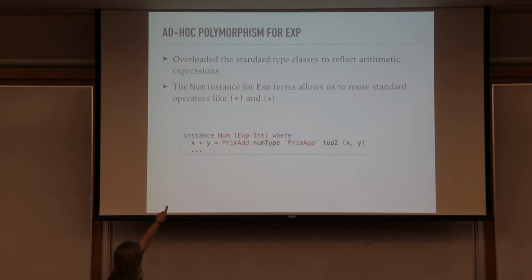But in reality, the addition is also lifted into this world, and what it does is construct this tree. And now it has to do one tricky thing, because we have the dictionaries in Haskell land, but it has to plug the dictionaries into the abstract syntax tree.